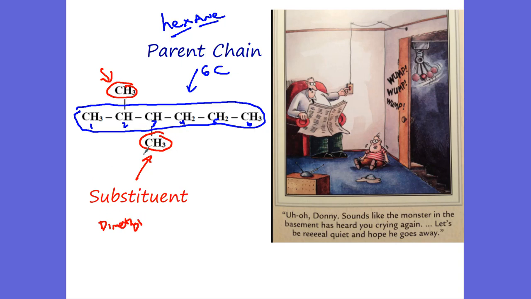So we call that 2,3-dimethyl. And what's the parent chain? Hexane. 2,3-dimethylhexane. Does that make sense? If you have another methyl group, we would call that trimethyl, and we have to tell where all those methyl groups are coming off of.